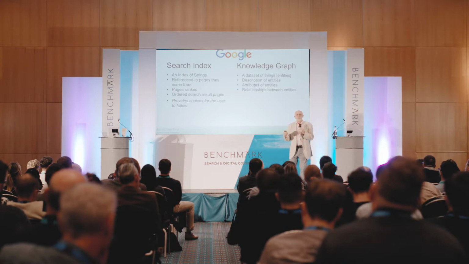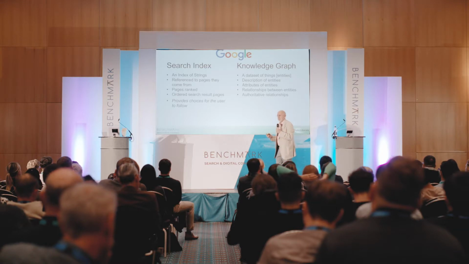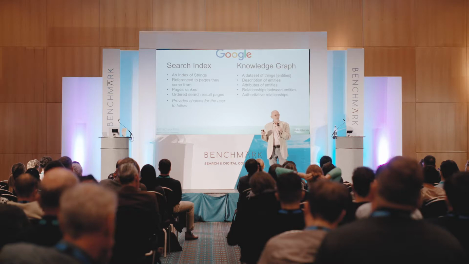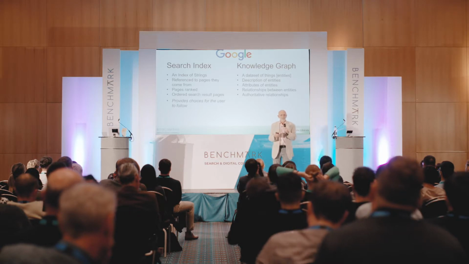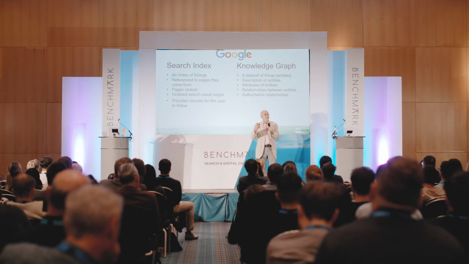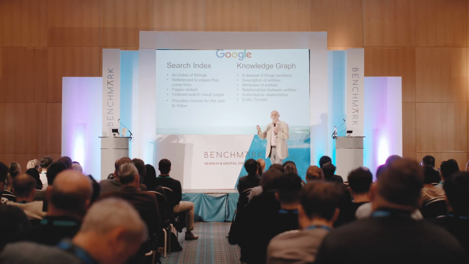Relationships between things, so the author of a book, the offerer of a product, etc. And hopefully authoritative relationships. Somebody on earlier was talking about how they enjoy reading Google patents. There's quite a few around in this area talking about how they identify an authoritative description of a thing. And they're also interested in the context of the things. What's it related to?